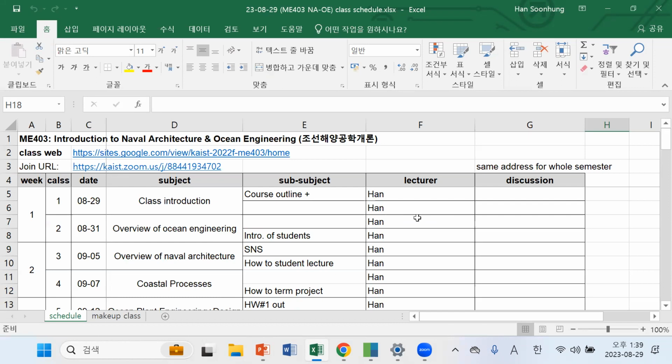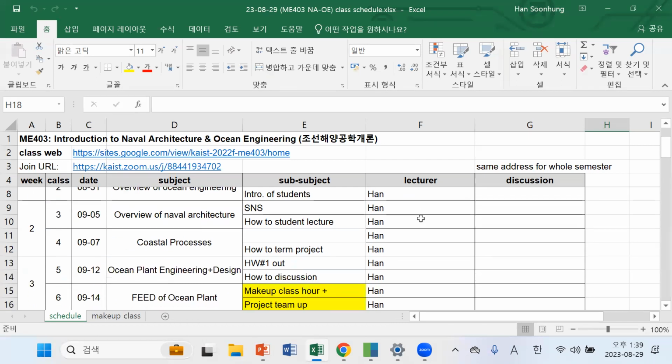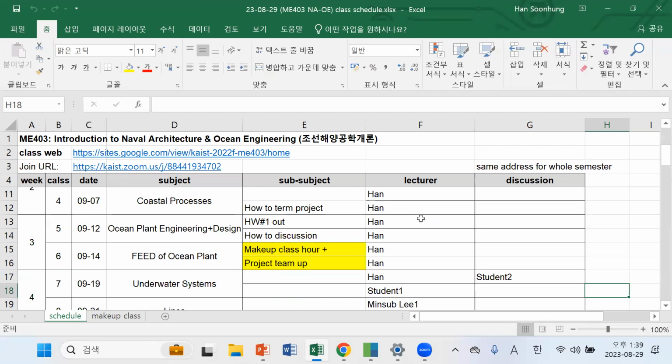And then also we will do some introductory materials, and also an introduction on how to do your student lecture, how to do your term project, and homework one is coming out. And then after 3 weeks, in the fourth week, we will start with your student lecture.